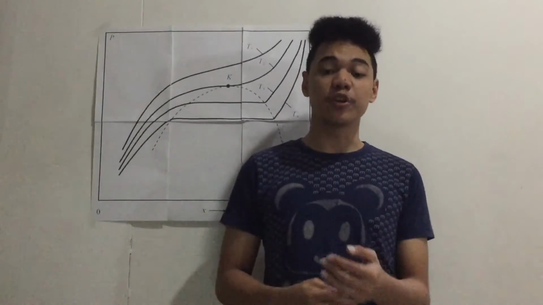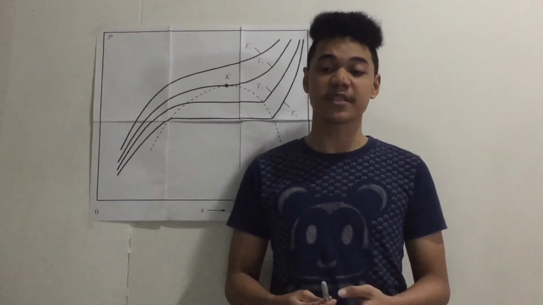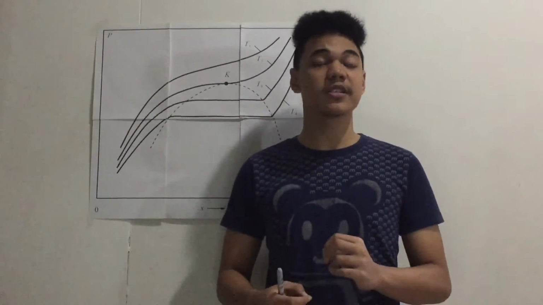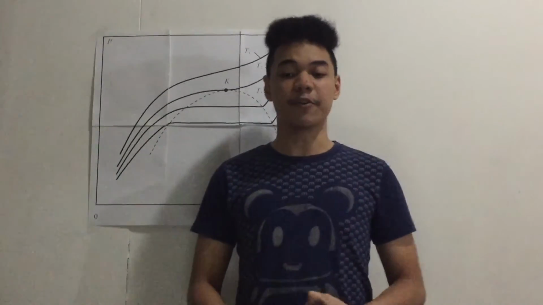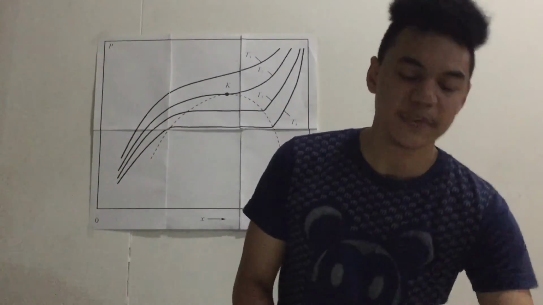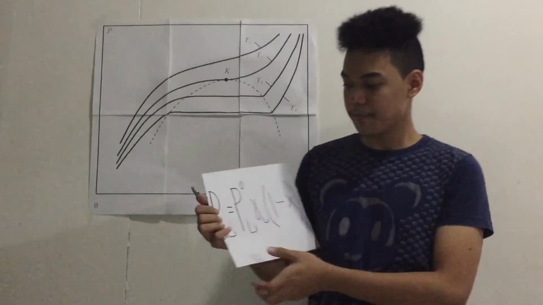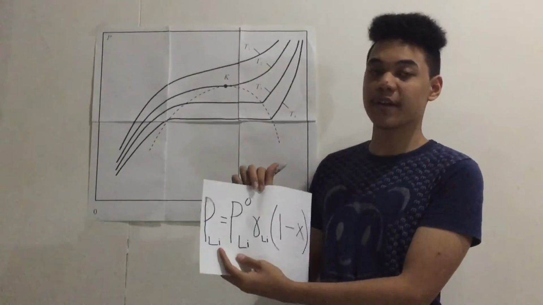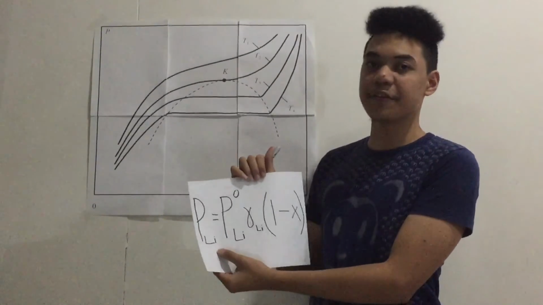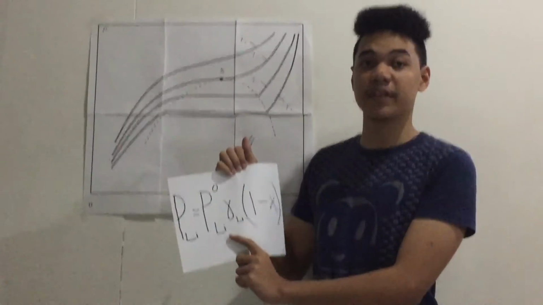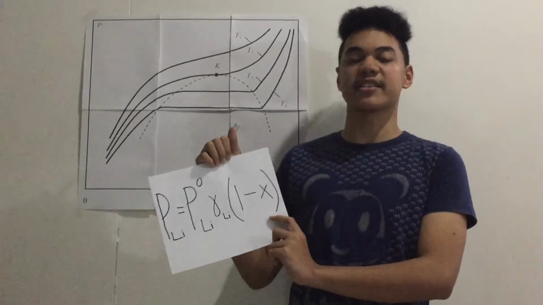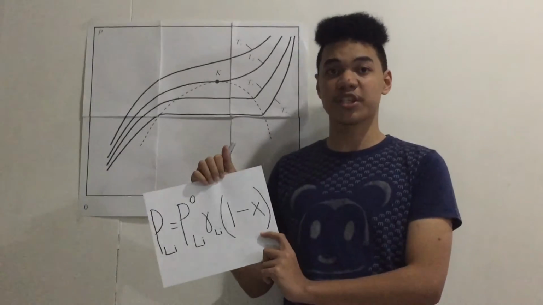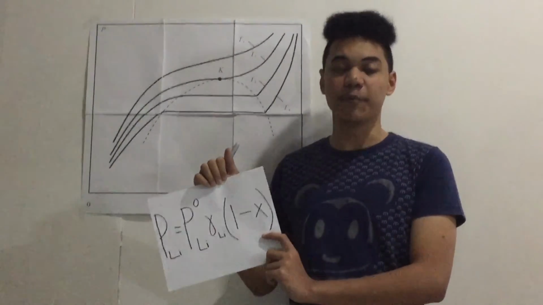Since a solution of lithium in lithium hydride forms in the liquid phase, the partial pressure of lithium is proportional to the concentration of lithium in the liquid phase if the liquid is in phase equilibrium with the vapor. So here, P, the saturation pressure of the lithium, is equal to the vapor pressure of the lithium times its activity coefficient times 1 minus x, where x is the composition or the mole fraction of lithium hydride.